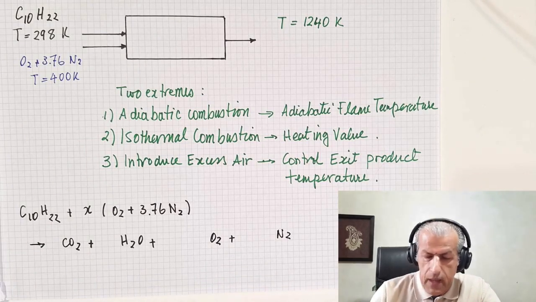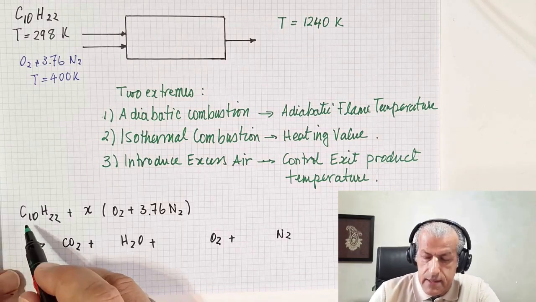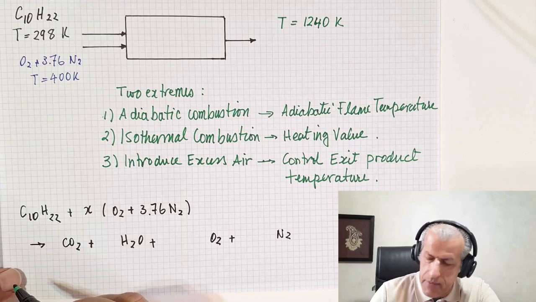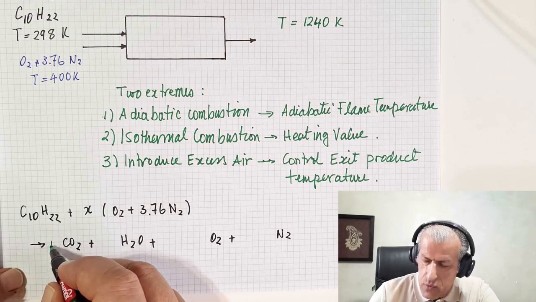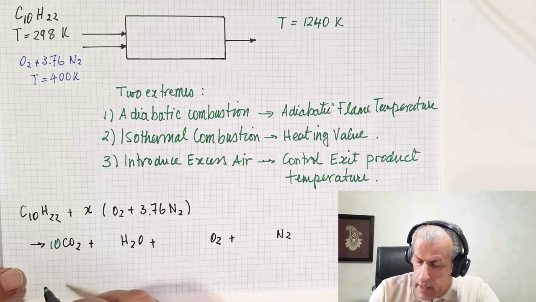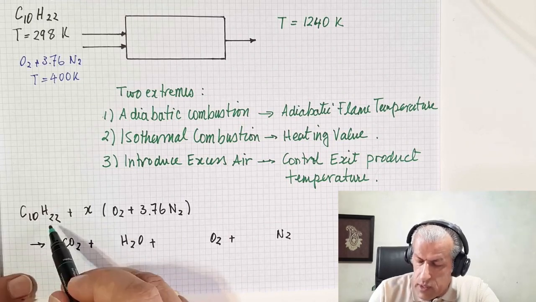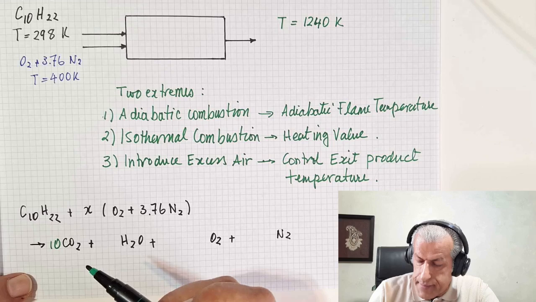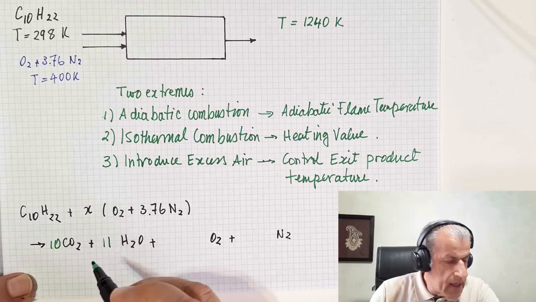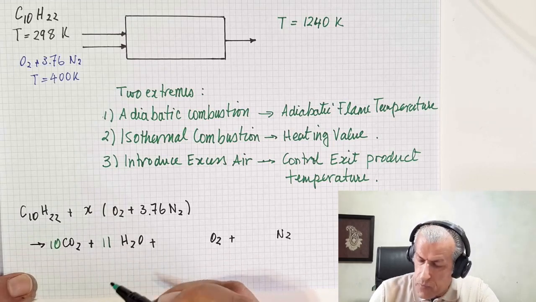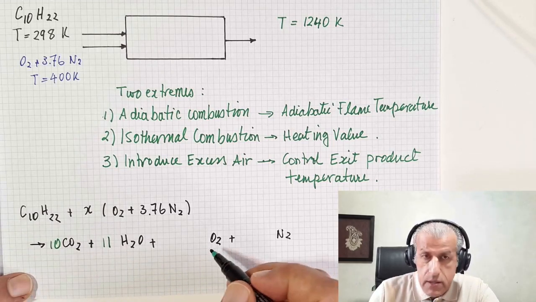And now, how do we balance this equation? There are 10 atoms of carbon, and therefore it would be 10 CO2. And then there are 22 atoms of hydrogen, then there would be 11 H2O. Now how many oxygens would remain?